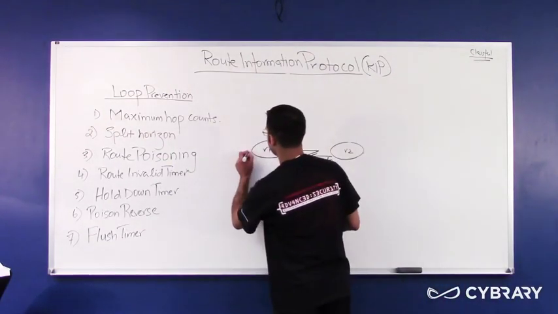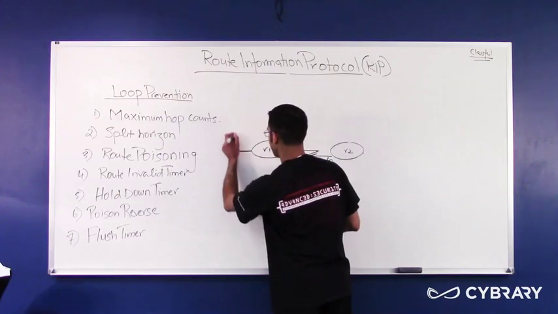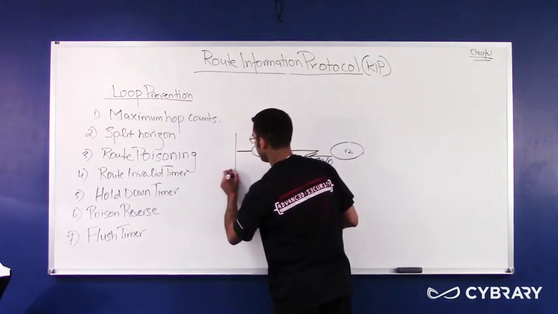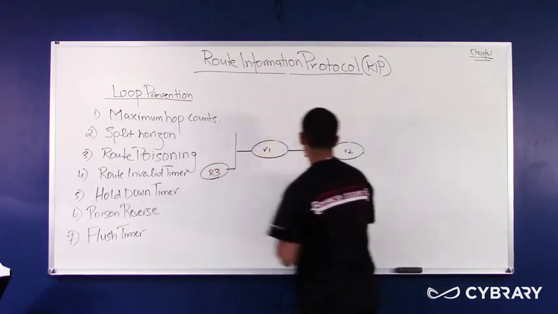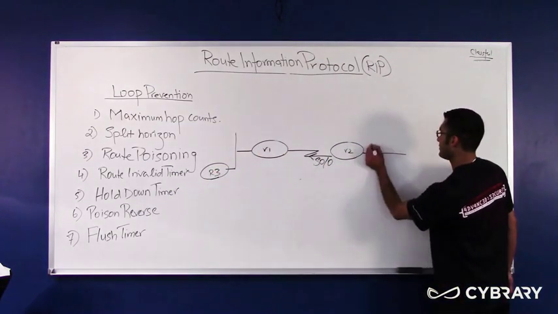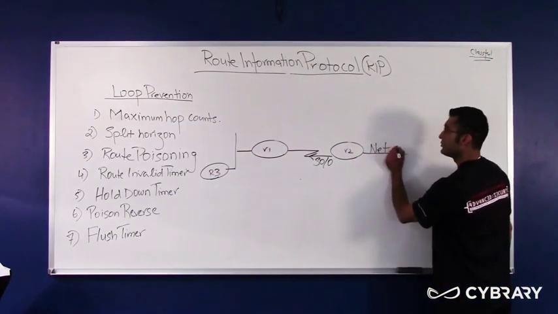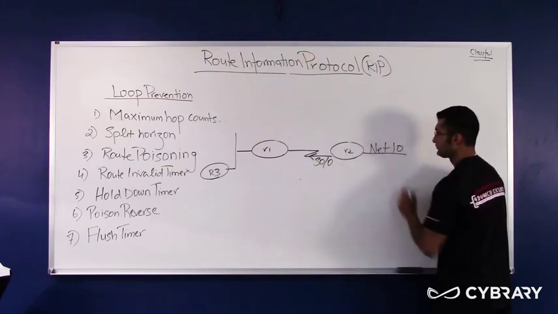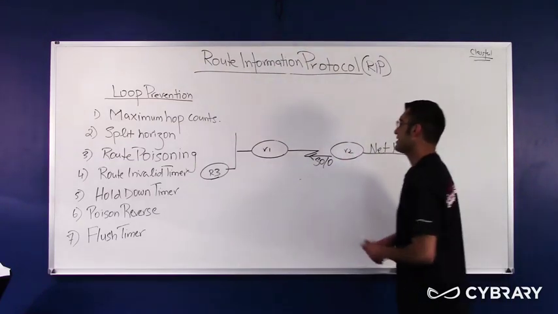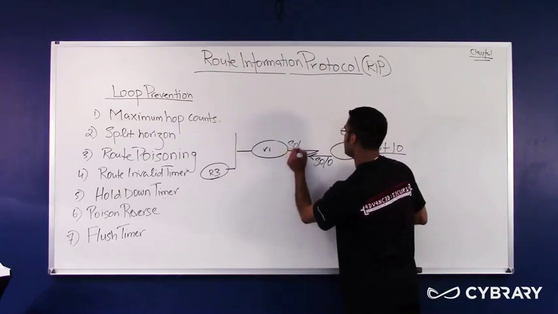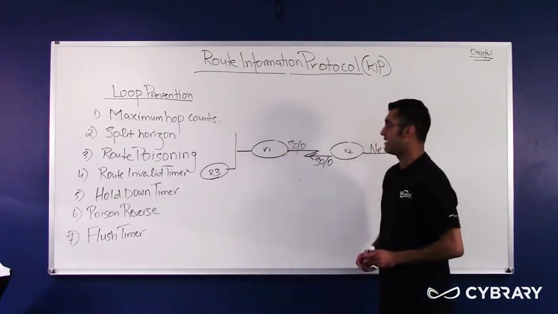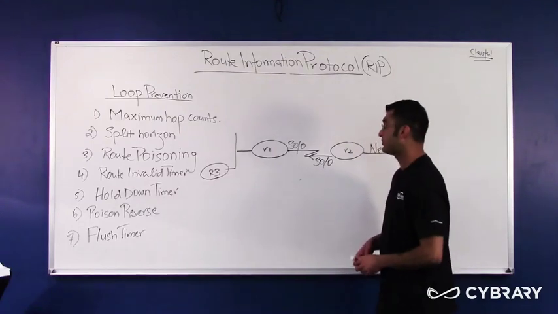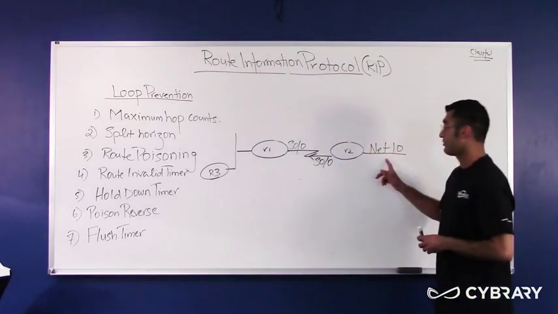Let's say there is another router here on an Ethernet link connecting router 1, which is router 3. And once again, network 10 is available to router 1 and router 3 through router 2. Let's say this interface, which is serial 0/0 again on router 1, has a malfunction, and router 1 stops sending updates to router 3 about network 10.